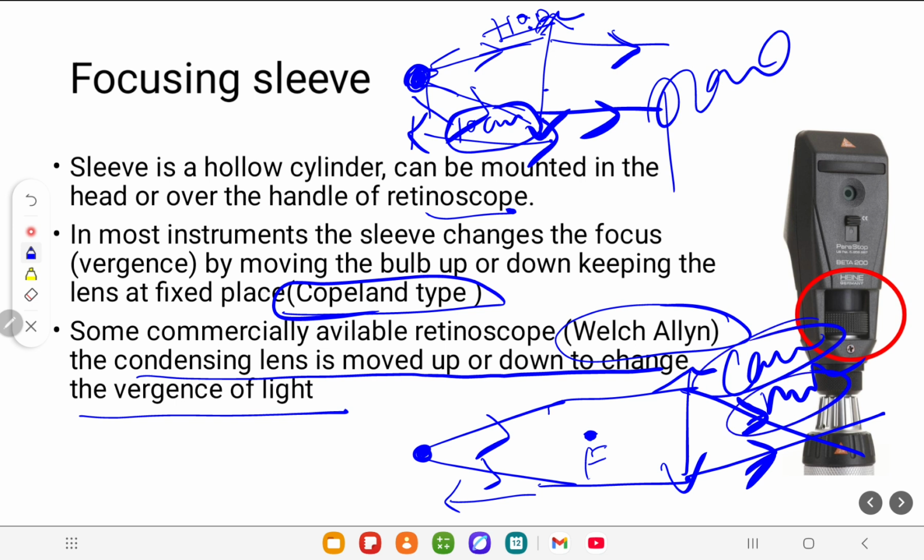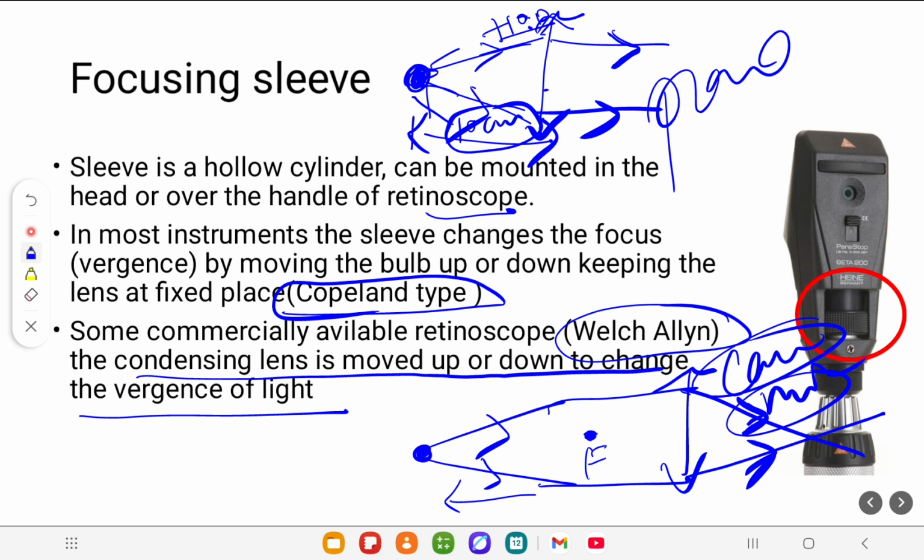It's just an effect we call a mirror effect, but it's all about focus and refocus, and it's all about simple optics of a convex lens. So you have to understand this concept, otherwise you don't understand what happens when the sleeve goes up and what happens when the sleeve goes down.